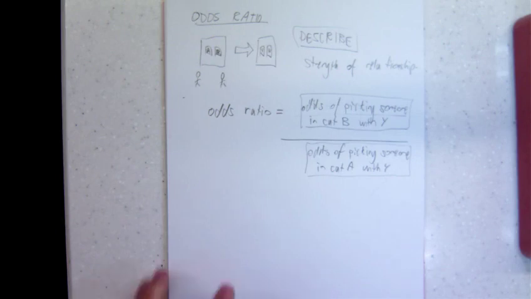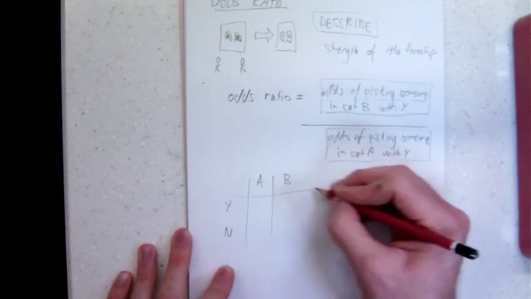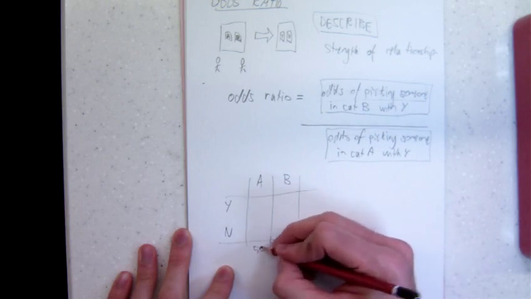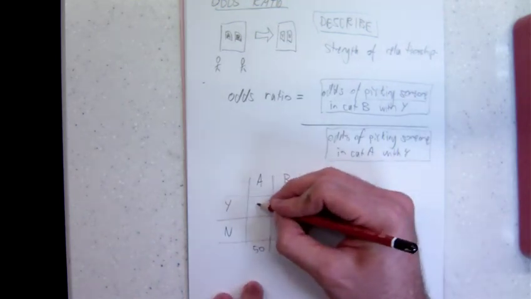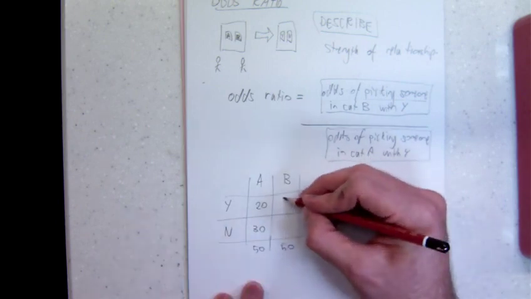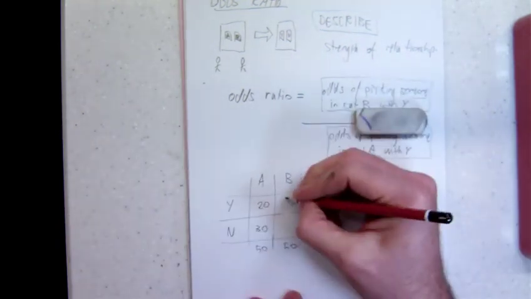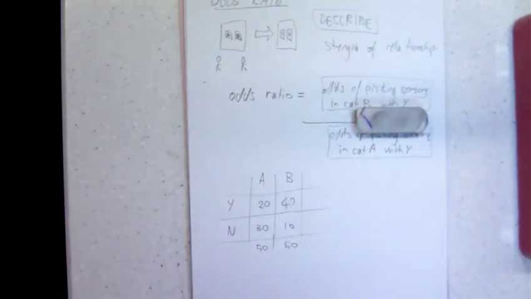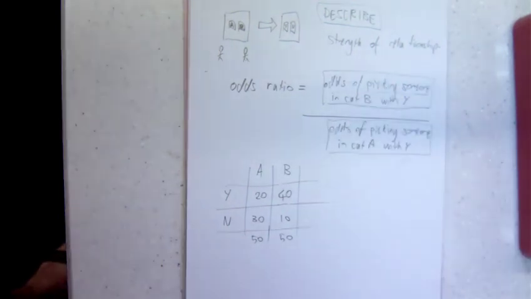Okay, so the odds ratio is if you have something where there's A and B and yeses and nos, and maybe there were 50 people with A and 50 people with B, and within A there were 20 that came out yes and 30 that came out no, and maybe this time it's 40 that came out yes and 10 that came out no. Then your odds ratio comparing B to A is the odds of picking someone in category B with a yes.